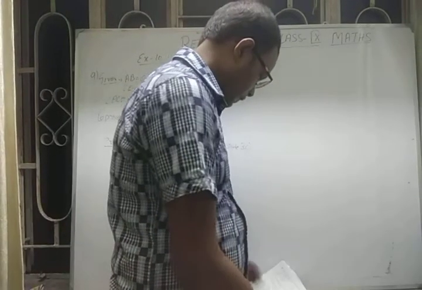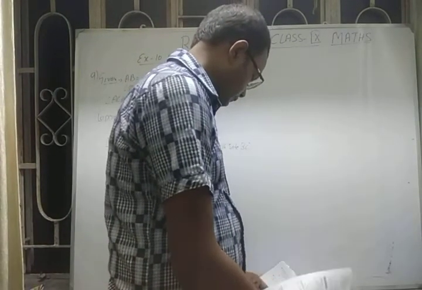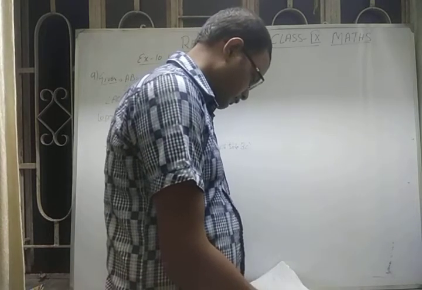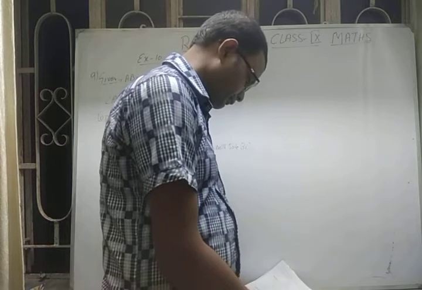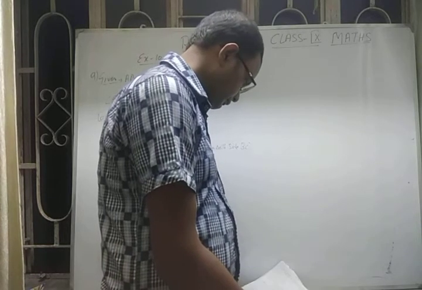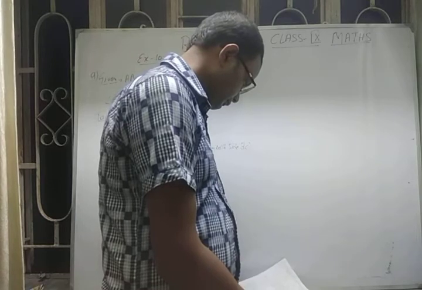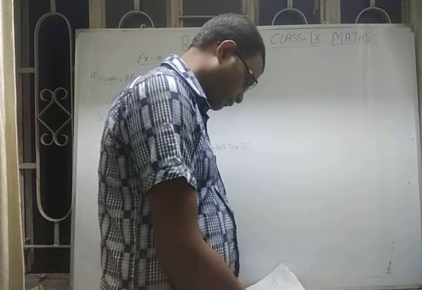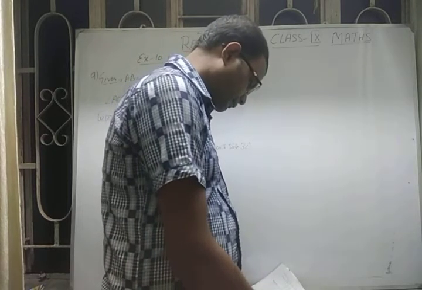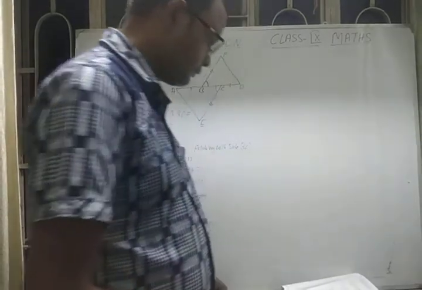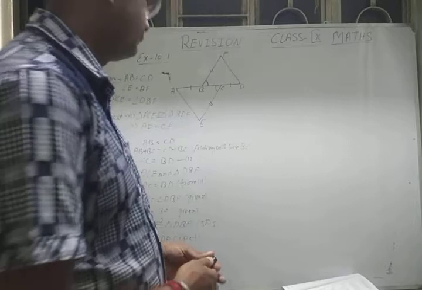Now the second part of this chapter is some more criteria on congruency. Now I will do question number 12 of exercise 10.2.